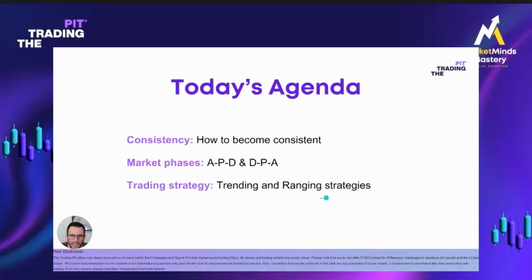Okay, so guys, today's agenda is something we touched on just a little bit in the previous webinar, where we explained briefly about consistency. The second thing we will touch on today is the market phases, the APD and the DPA.